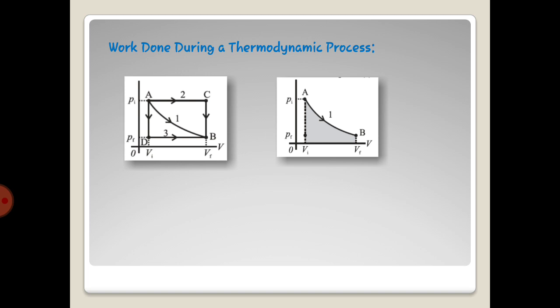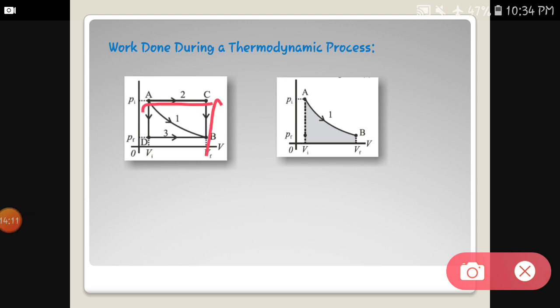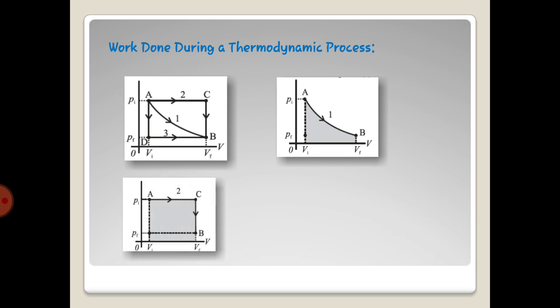Now we are moving towards the second path. How the second path is going from A to C and then from C to B. Now we'll look at it separately. Here you can see, while changing the state from A to point C, what remains same?